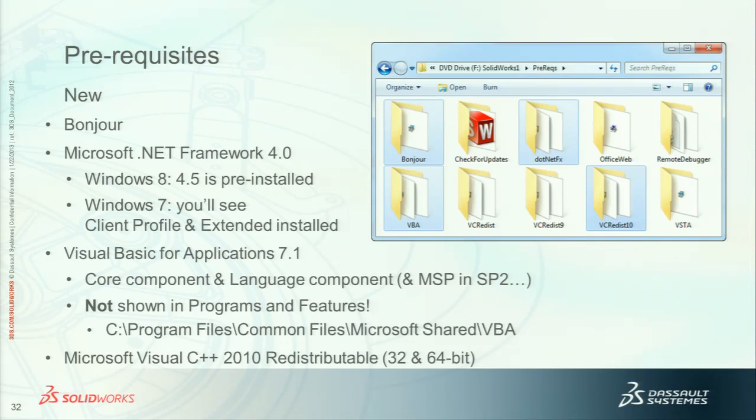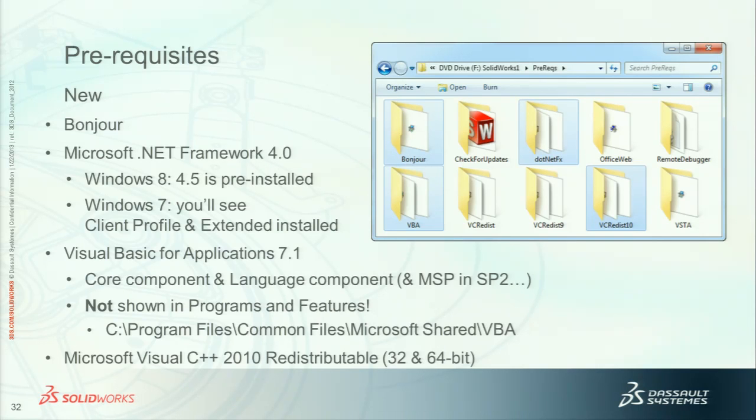But, like I said, in 2013, there's a bunch of new prerequisites. So Bonjour is the first new one. You actually don't need that for SolidWorks to run, but we call it a prerequisite because the PhotoView 360 network render client utility uses that, but SolidWorks doesn't. But just install it. It's a couple megabytes.